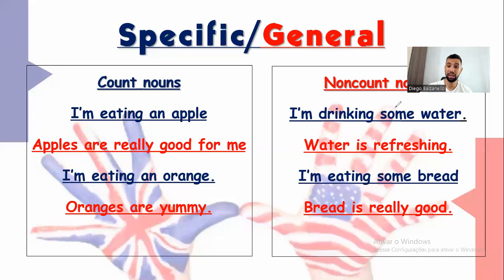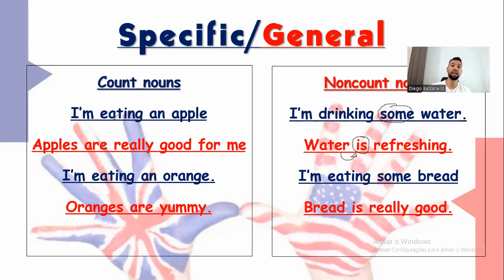So I use some for specific, I'm drinking some water, and I use the singular form to talk about a general idea with non-count nouns, and the same idea with apples.